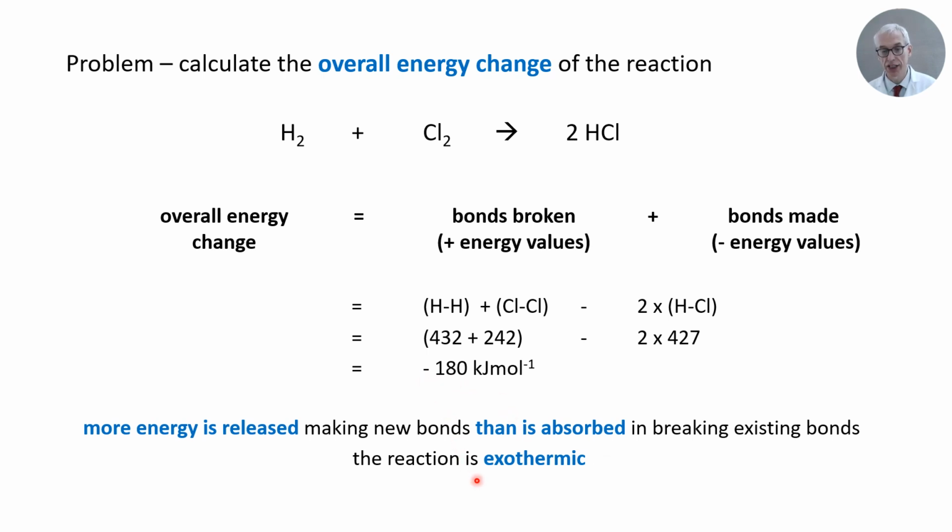So the reaction is exothermic, more energy is released making the new bonds than is absorbed in breaking the existing. This value, 2 times 427, is greater than 432 plus 242, comes to minus 180. That is, more energy is released by making than is absorbed in breaking.